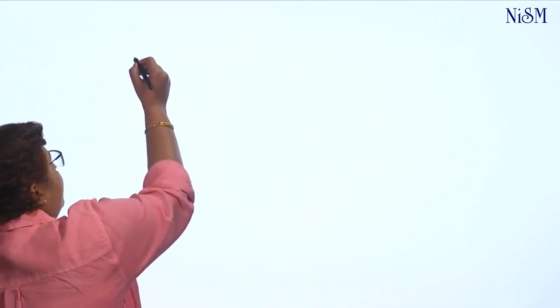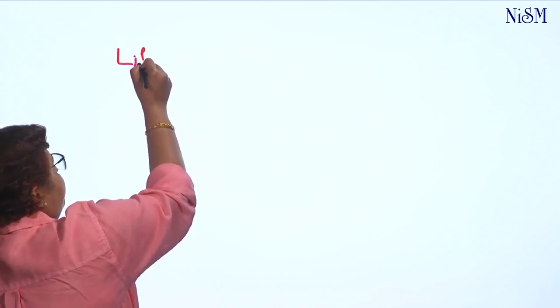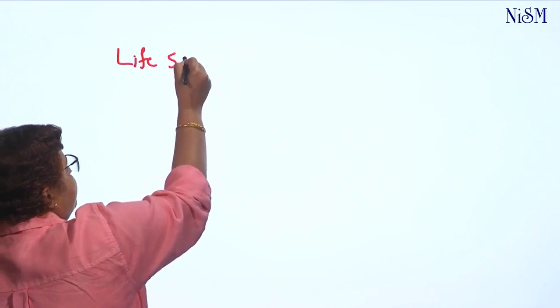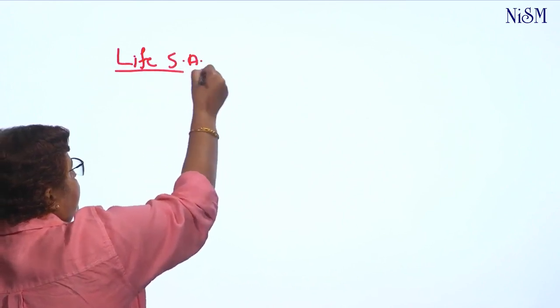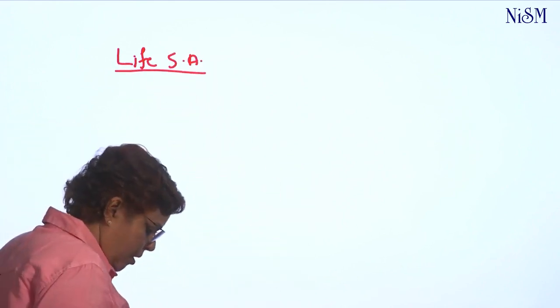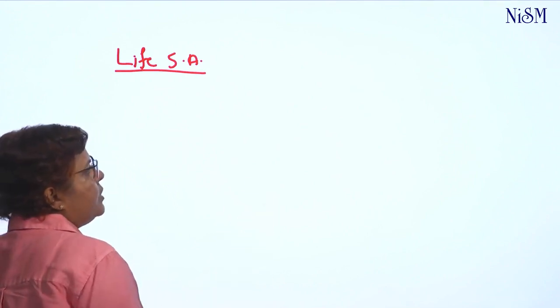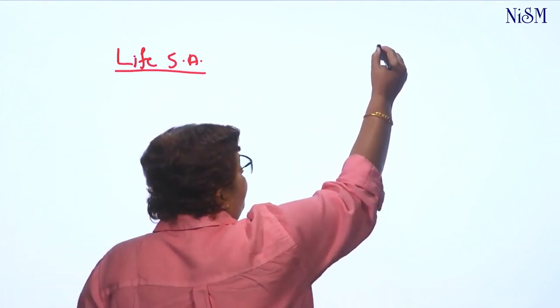Now, let us do one exercise. How do I calculate sum assured? Because the most important thing here is how to find out what the sum assured is. Two examples I will give you. One is about how to find out sum assured for life insurance, and then we will talk about something different, which is how insurance was born.